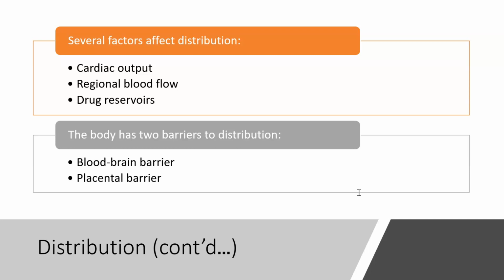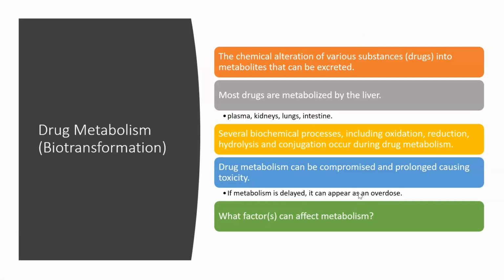So if there's a restriction of some sort or inflammation or something that's causing a restriction of the blood flow or an increase in the blood flow to that area, that's going to affect it also. Also, the drug reservoirs. So the body has two barriers to distribution. The two barriers are the blood-brain barrier and the placenta barrier. That's for the protection.